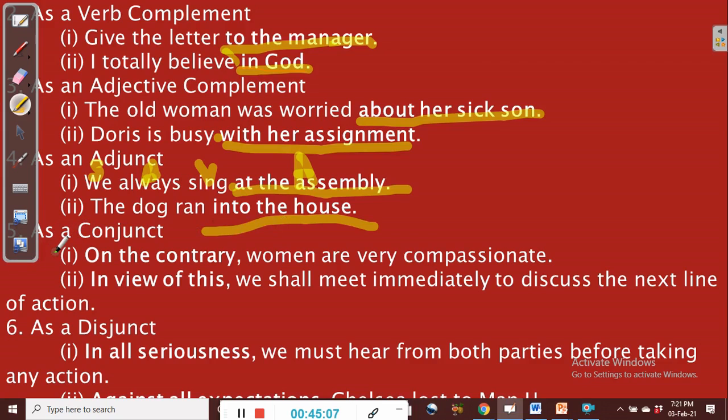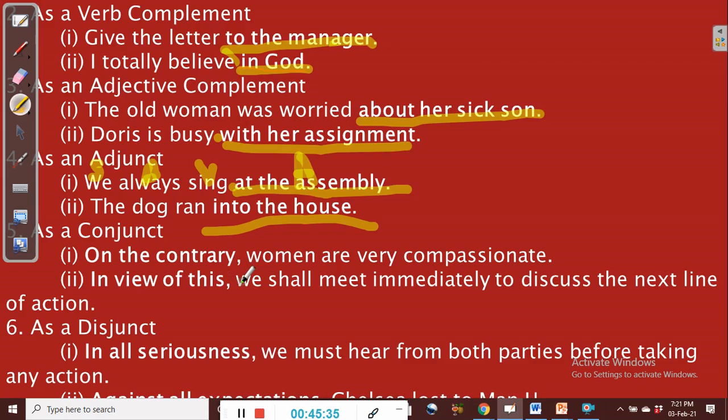Now let's look at a conjunct. On the contrary, women are very compassionate. All right, on the contrary, women are very compassionate. So a conjunct actually tells us, you know, something about an additional idea.